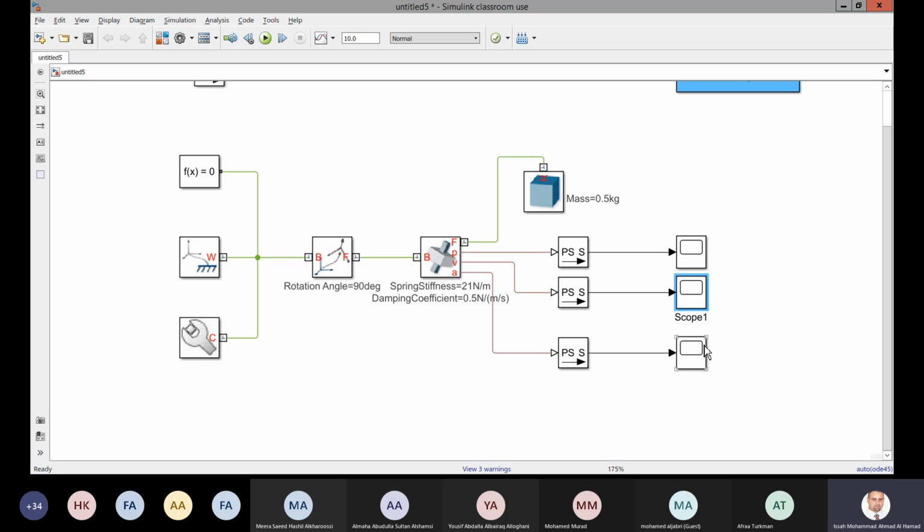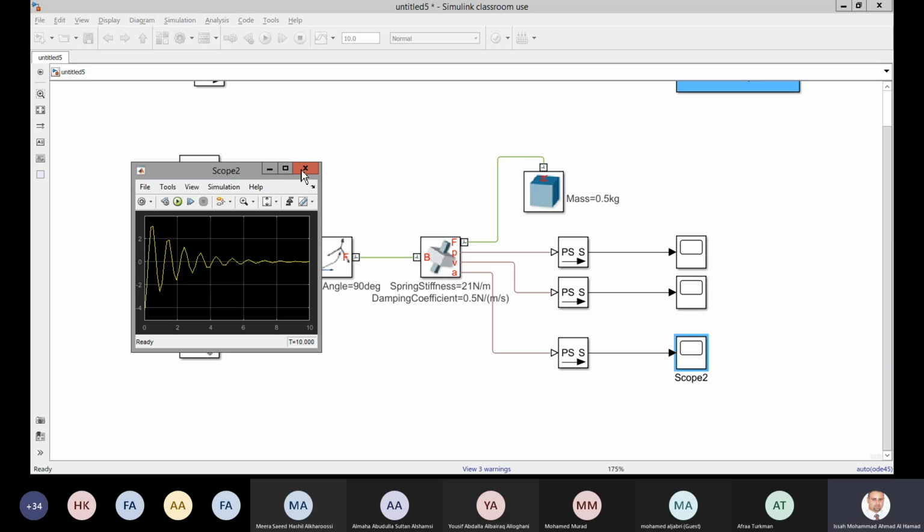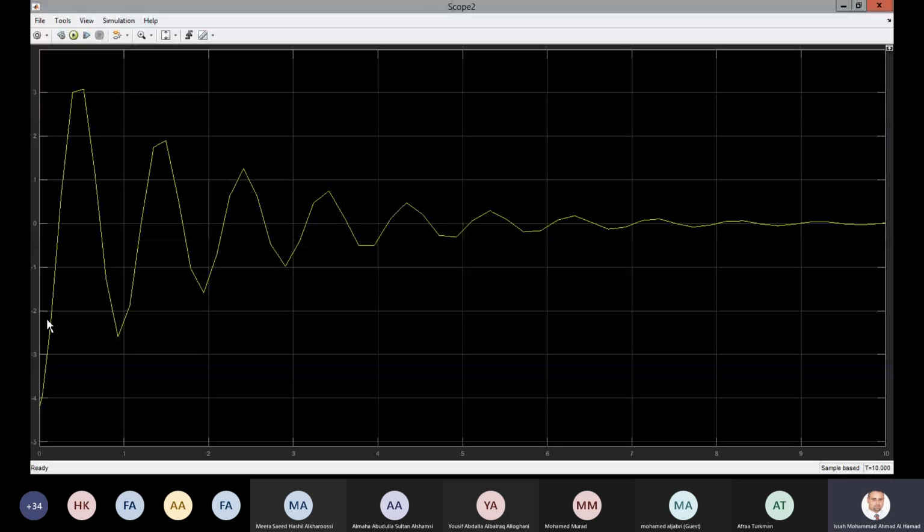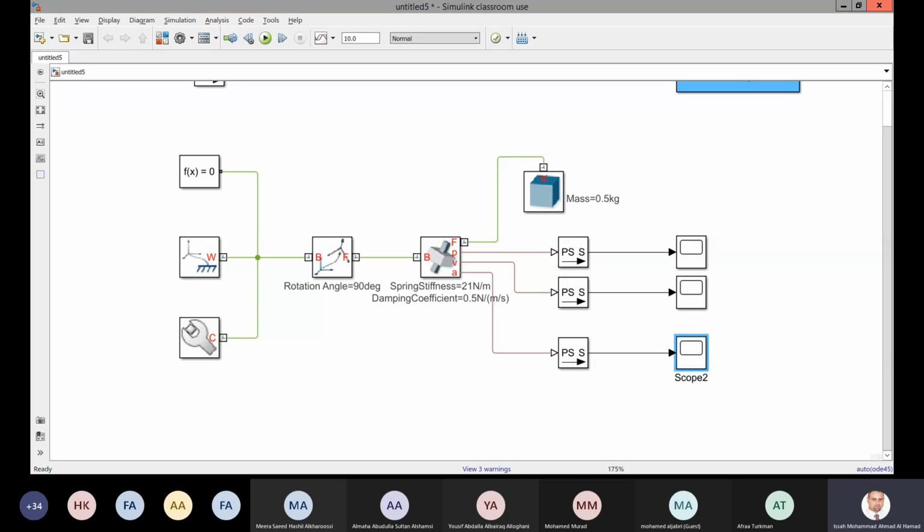What about the acceleration? Again, it started from -4 meter per second squared, and you have an amplitude for the acceleration, then it was damped after almost 8 seconds. All graphs show you that it was damped after 8 or 9 seconds.